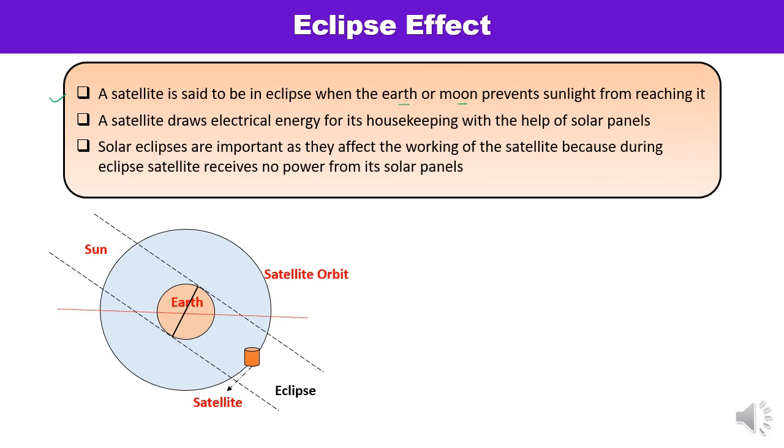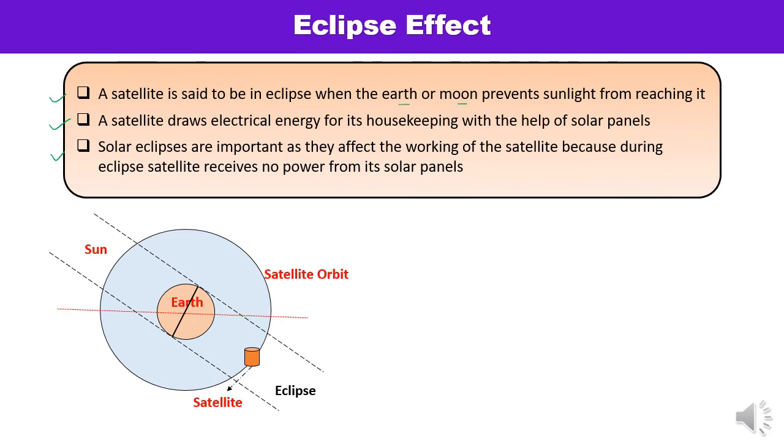A satellite draws electrical energy from the solar panel, from the sun, for its housekeeping purposes, and solar eclipses are going to impact it a lot, because when the satellite is in orbit, it draws the energy from the sun itself, and during unfavorable weather conditions or night, there is a use of battery backup.